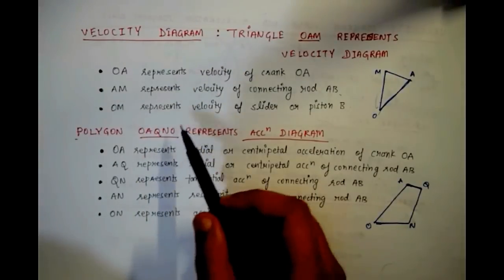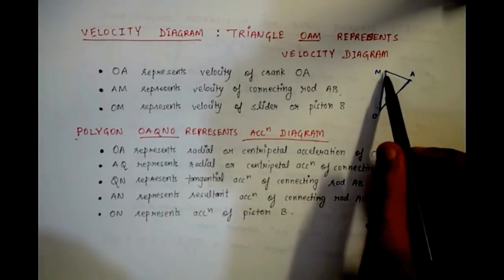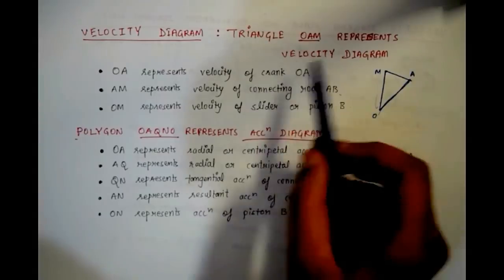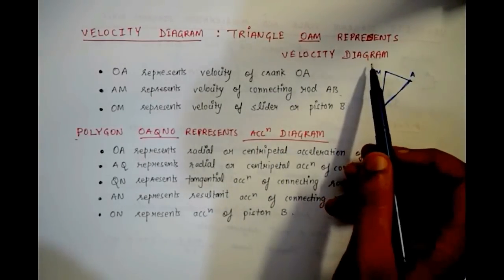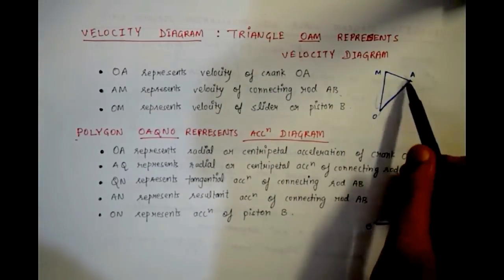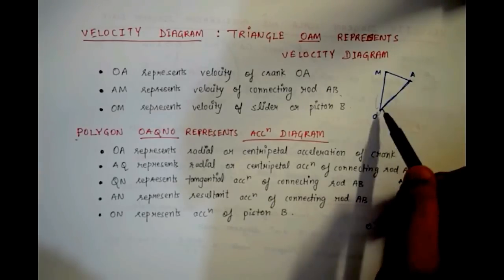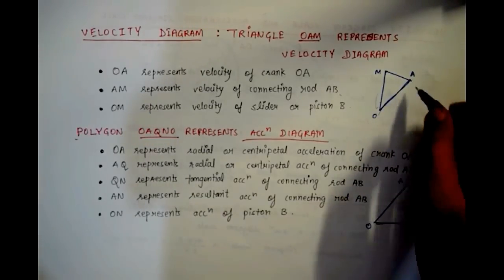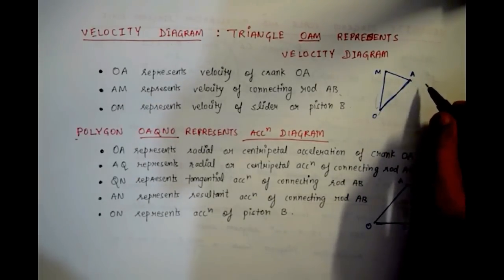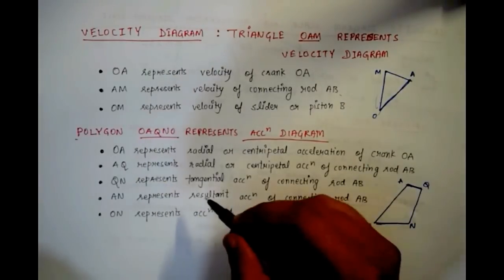Now from the construction, this triangle AMO represents the velocity diagram, and if we measure the lengths of AM or AO by the scale, they will come as in the actual construction work. This was the rough work.